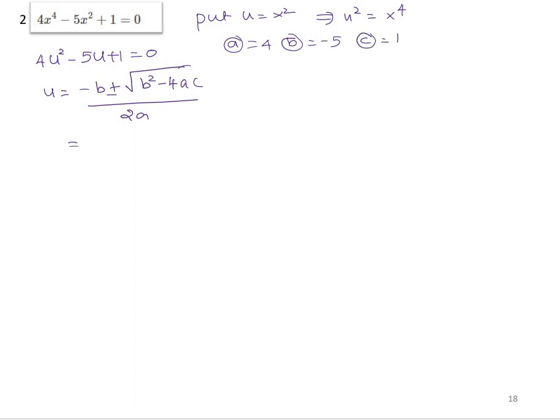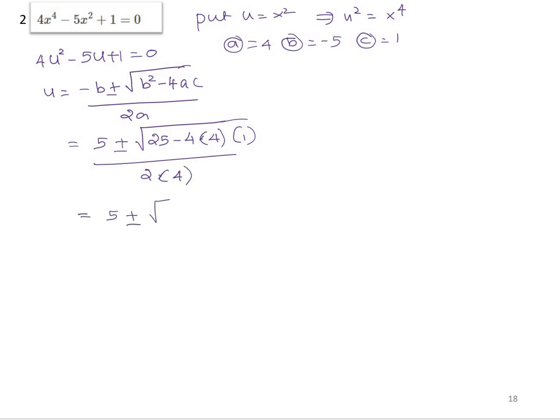Okay, so that becomes negative of negative 5, that is 5, plus or minus square root of b square, that is negative 5 square, 25, minus 4 times a is 4, c is 1, divided by 2 times 4, that's equal to 5 plus or minus square root of 25 minus 4 times 4 is 16, 16 times 1 is 16, divided by 8.